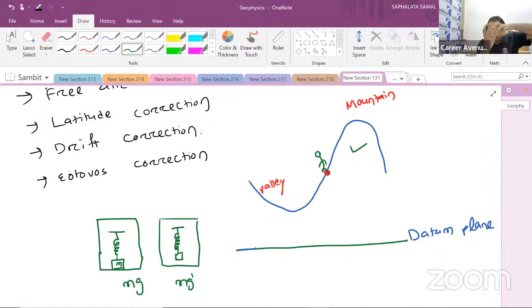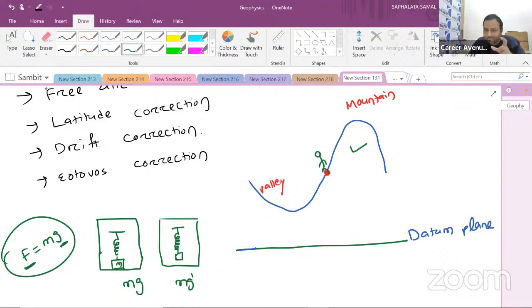More mass means more force. We know that F is equal to mg. If the gravity changes, the force will also change. That will be evident in the spring itself. Suppose we have the mountain over here. The mountain has some mass. It will attract the mass on the spring towards itself, because of the gravitational force, Newton's law we just studied.